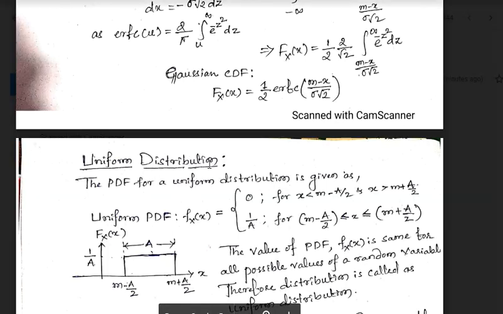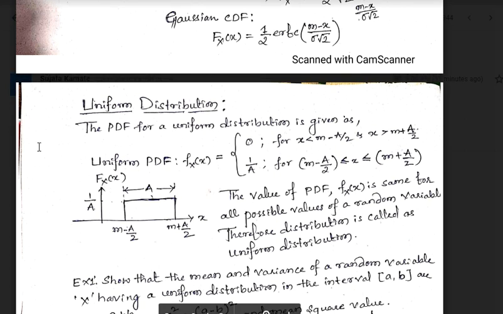Then next, we just need to know the nature of the Gaussian graph. Then the next thing is the uniform distribution. As the name says, the distribution is uniform.